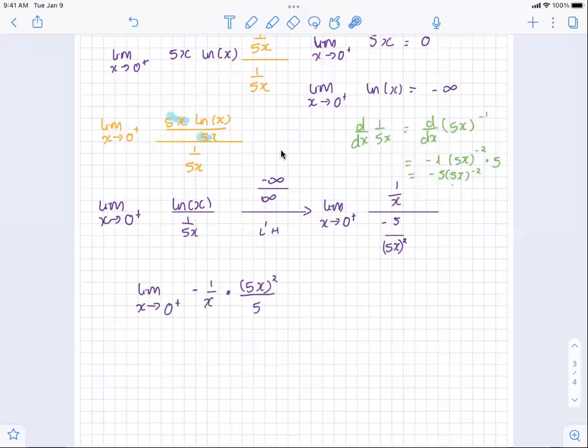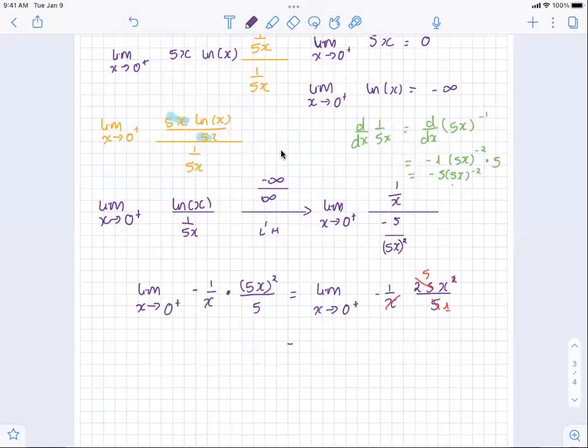So now I can say, okay, can I simplify anything else? 5x squared is the same thing as 25x squared, so I write the limit as x approaches 0 from the right-hand side of negative 1 over x times 25x squared over 5. And 25 and 5 can cancel out, which leaves me 5 up here and 1 down there. And don't forget here I have an x and I have x squared, that can cancel too.